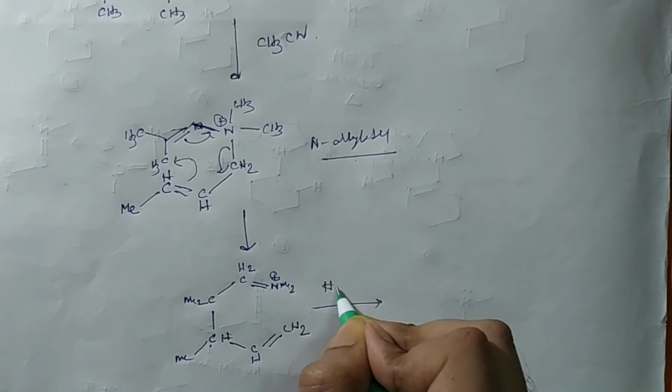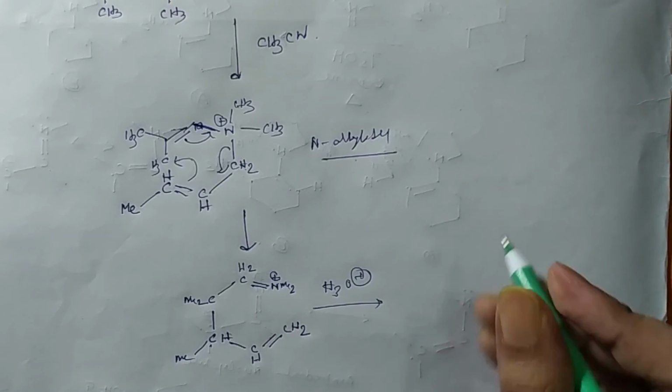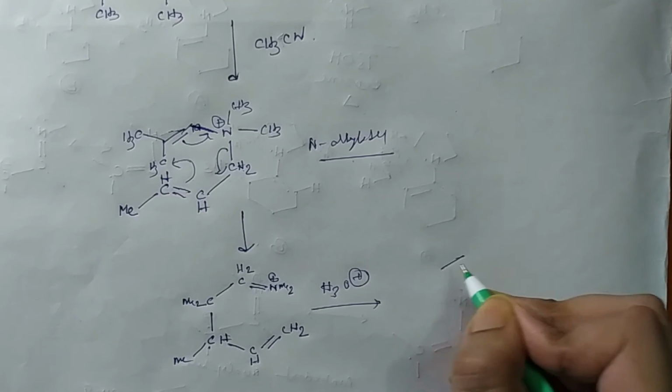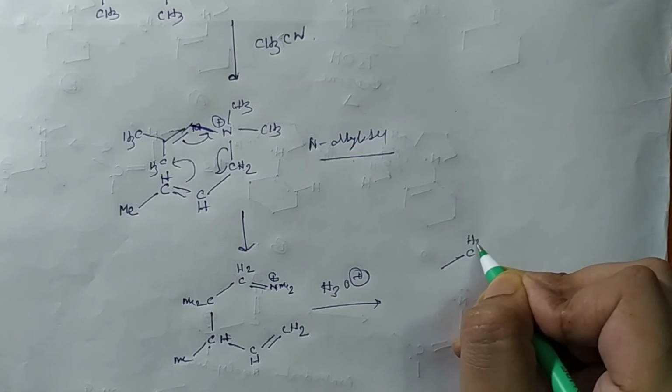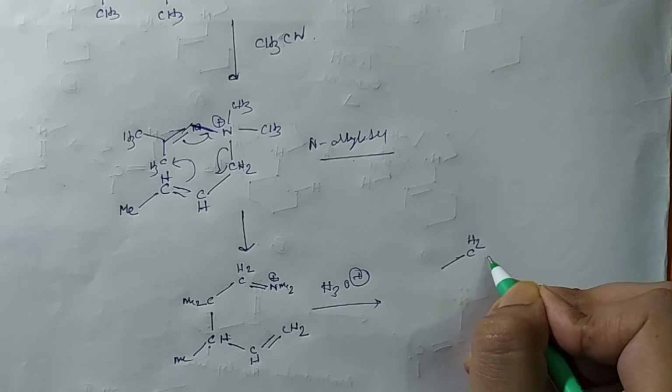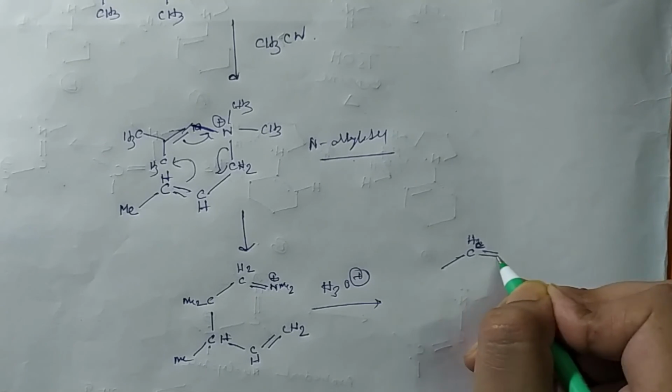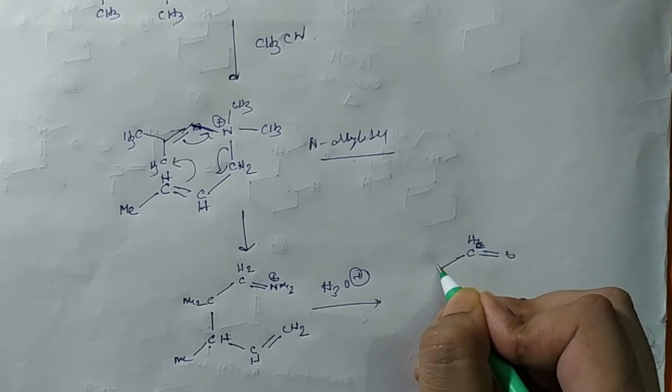We hydrolyze the C double bond N, so we get our carbonyl back, but the carbonyl is now in a new position because of the 3,3 sigmatropic shift.